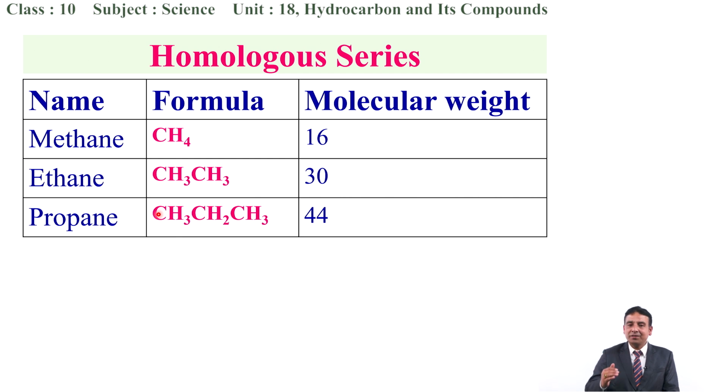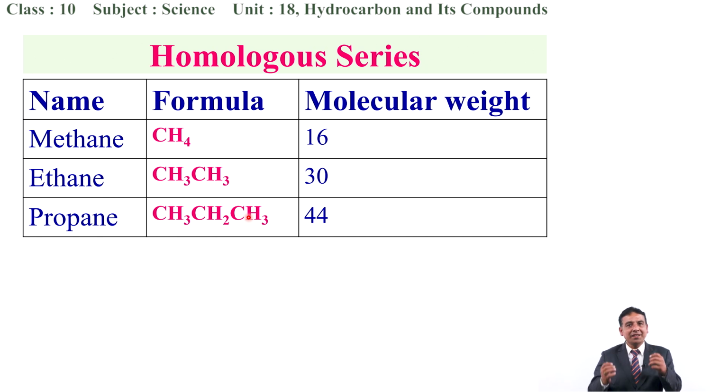Then in this type of hydrocarbon the molecular mass differs by 14 AMU, and if you go through the molecular formula, you will find that if you add CH2 to this, you will obviously get CH3CH3. And if you add CH2 to this, what do you find? Obviously this one.